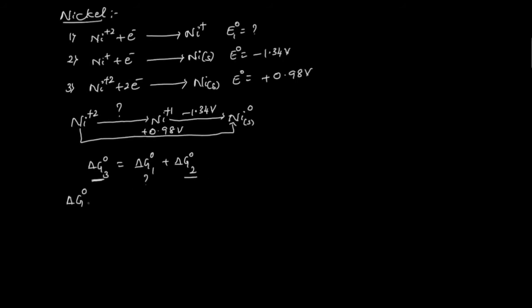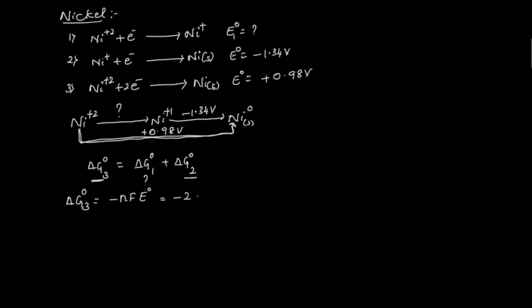Now we will calculate the delta G naught value for the third step, that is minus n F E naught, which is equal to, here you can see, nickel +2 to nickel 0. How many electrons are involved? 2. Minus 2 into F into, what is the E naught value? Plus 0.98 volt.